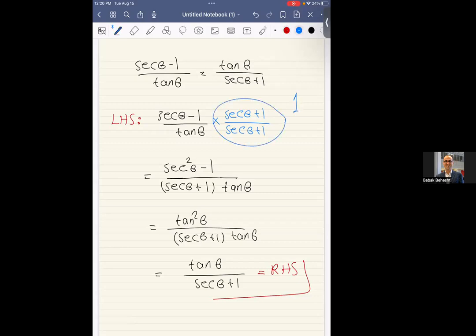So if you multiply something by 1, it doesn't change anything, right? Okay. Is that clear? Any other questions?